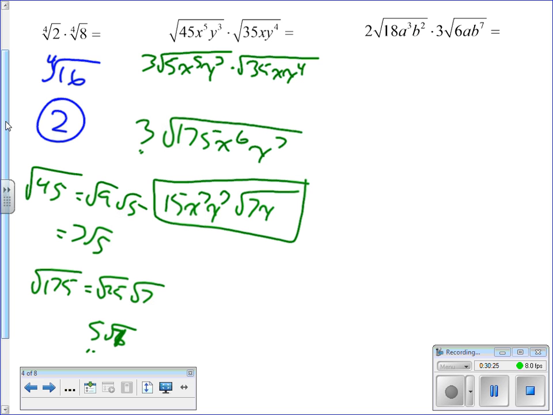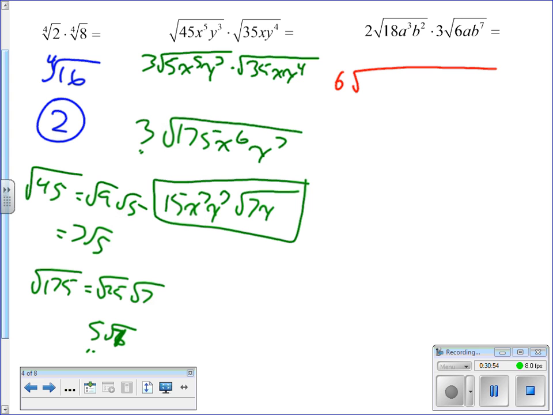Next one, more complicated. It's not bad. Still multiply them together first. What's outside stays outside. 2 times 3 gives me 6. So I have a 6 square root 6 times 18. I believe it's 144. Could somebody with a calculator please check that 6 times 18 is 144? 108? 18 times 6, 108?